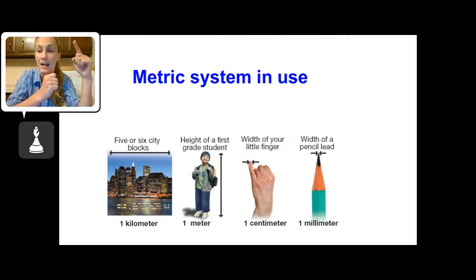The height of a first grader is usually 1 meter, and 1 meter consists of 100 centimeters. Also, to imagine a kilometer, you can look at 5 or 6 blocks in a city. Altogether, they are approximately 1 kilometer long.